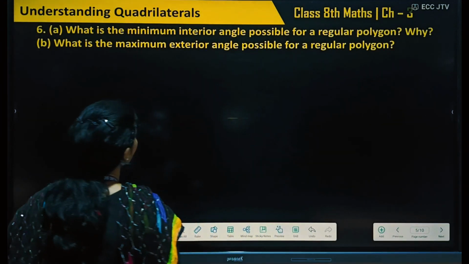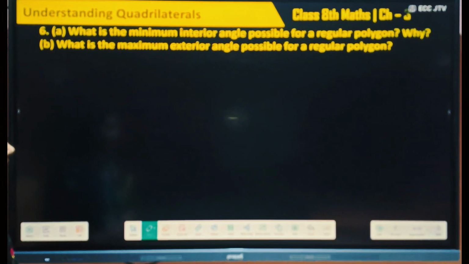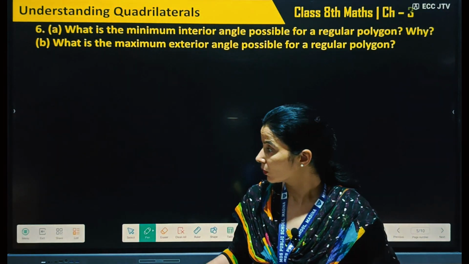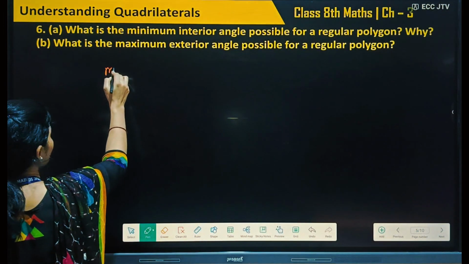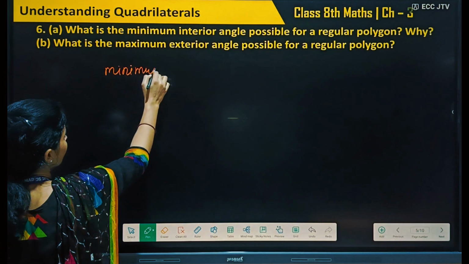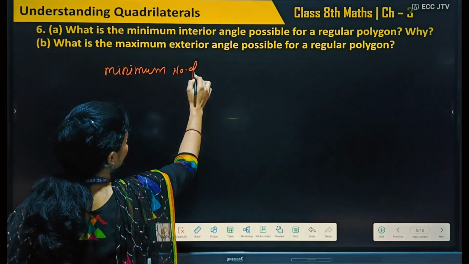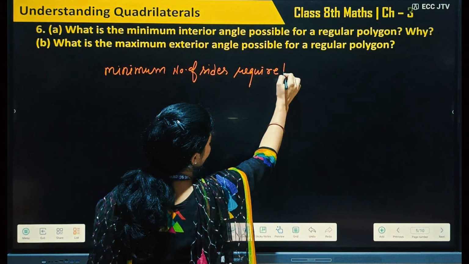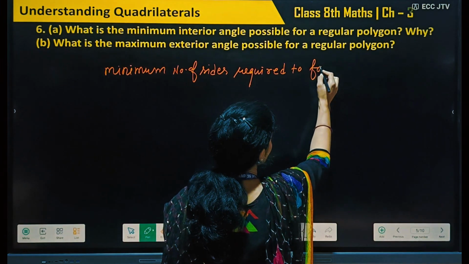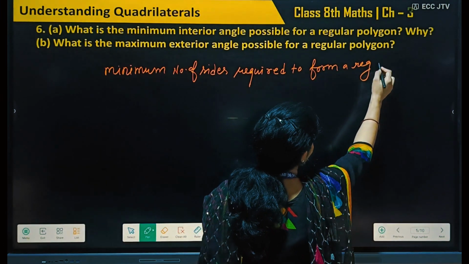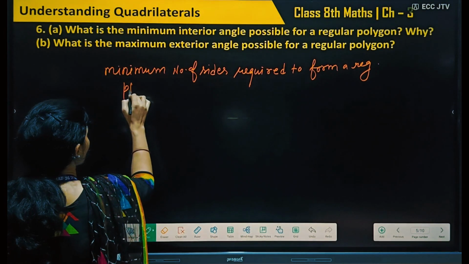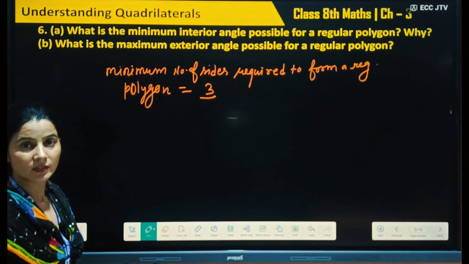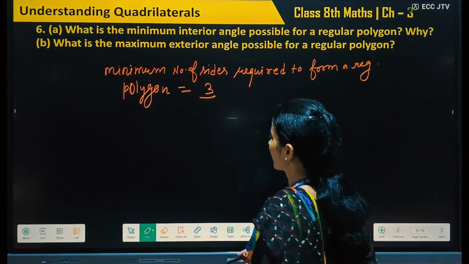What is the minimum interior angle possible for a regular polygon and why? We know the minimum number of sides required to form a regular polygon is 3. The minimum number of sides required to form a polygon is 3.